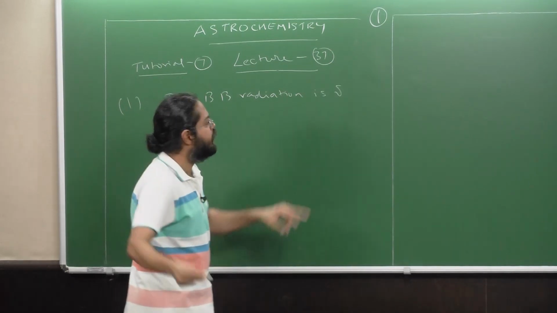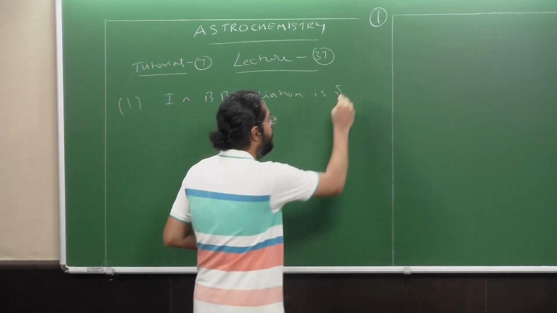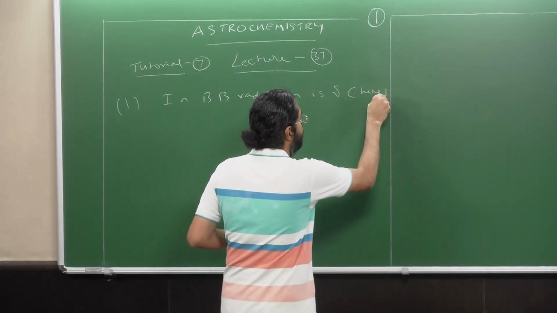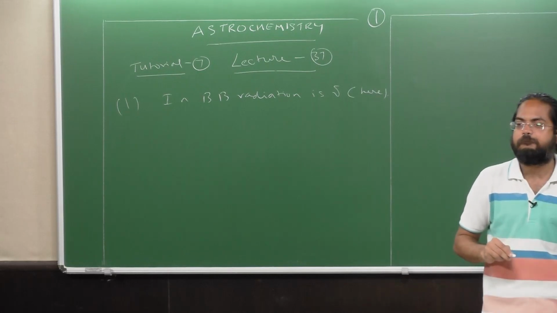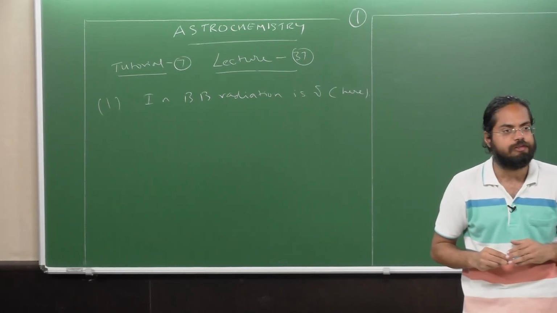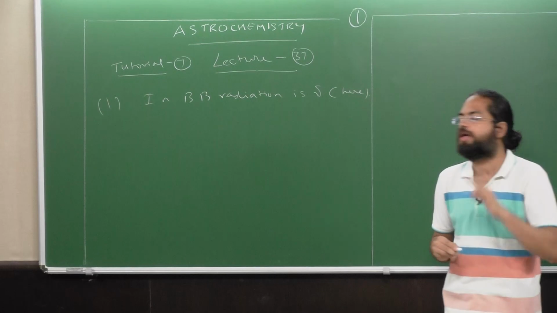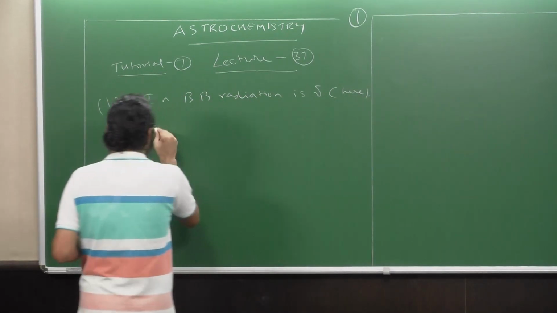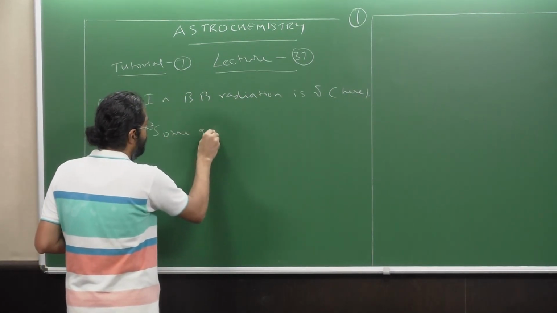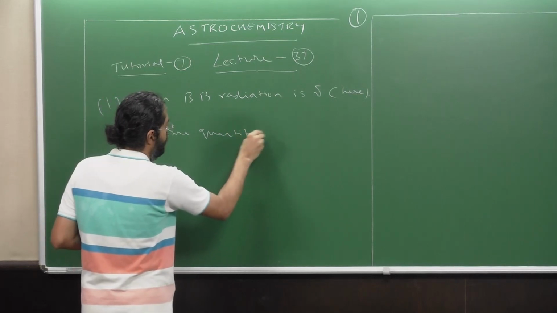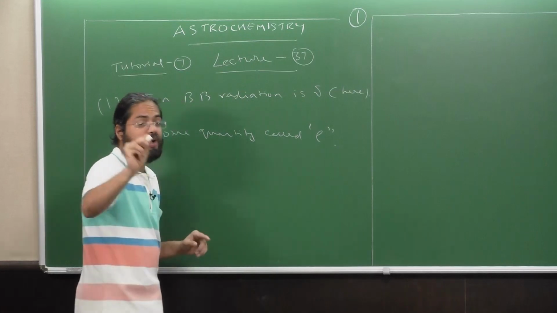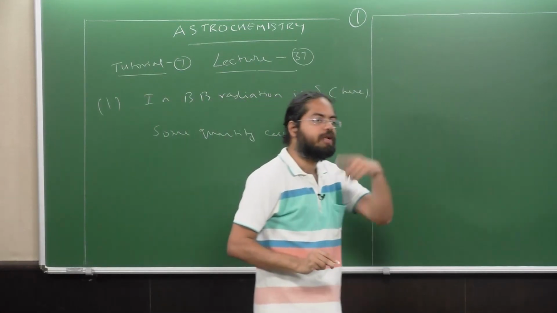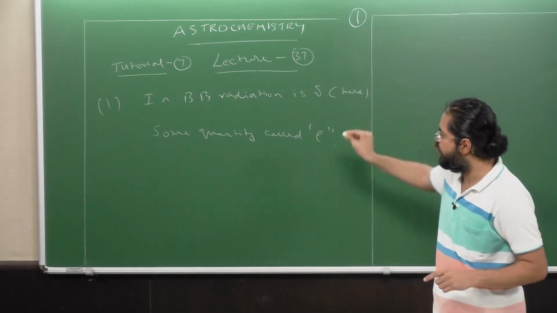It could also be wavelength, but that's what we saw in this lecture. Now, what is the y-axis? You can recall from your previous lectures, the notes. It was some quantity called rho, correct? Some quantity which I did not define. If you recall from the lectures, I did not define what this rho was.